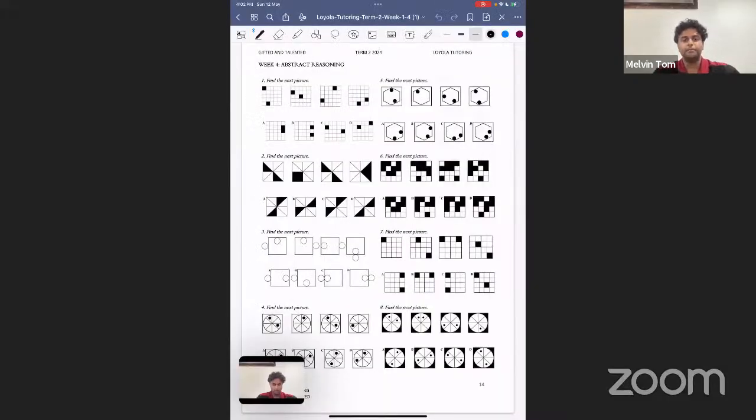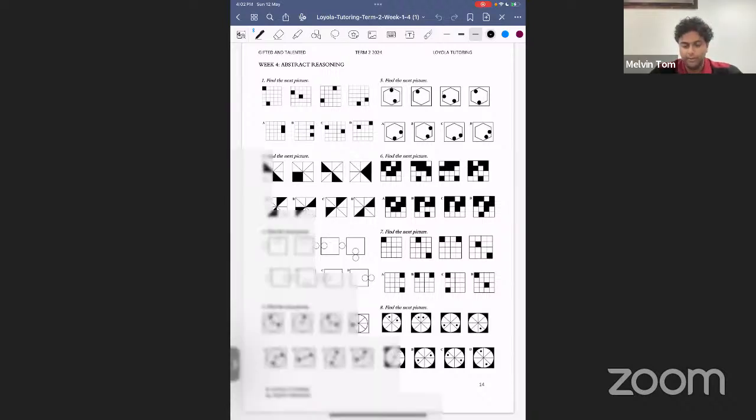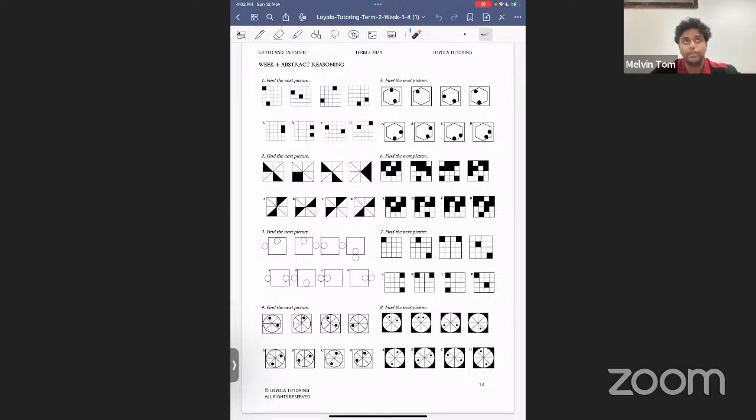All right. So we'll get started with abstract reasoning, as I mentioned. Now, the first thing I wanted to talk to you guys about, this week's abstract reasoning is this first page itself is by far the most difficult abstract reasoning questions that you would get in the actual GATE exam.